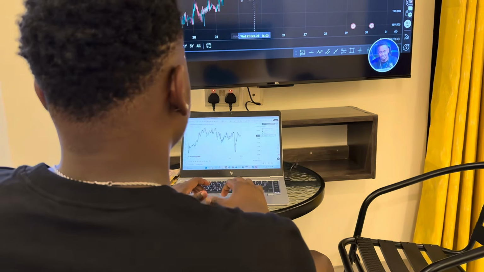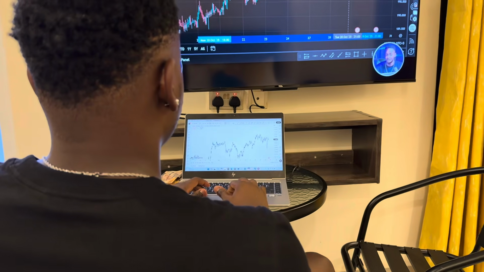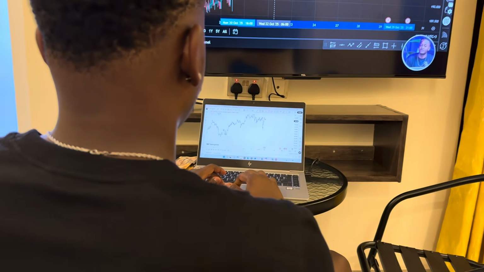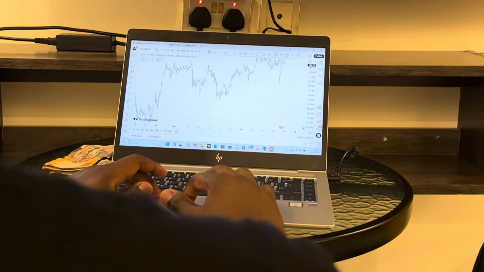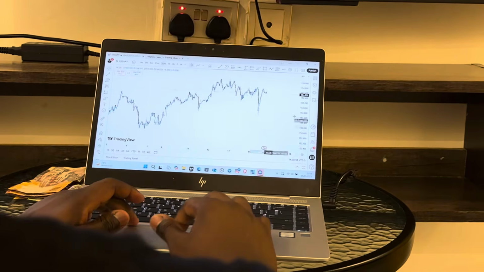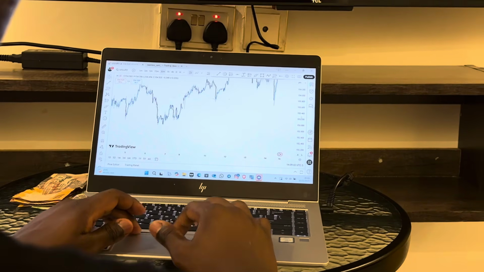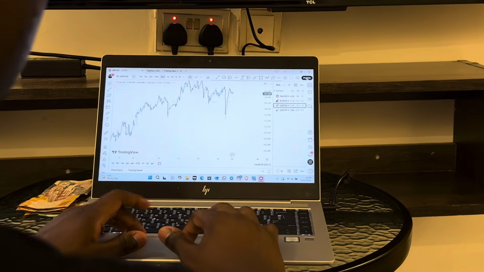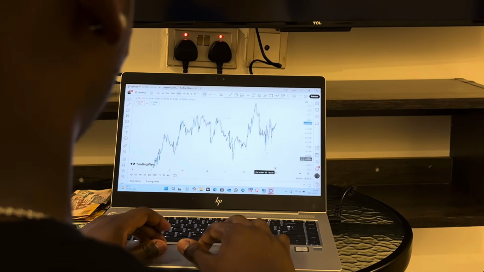For example, this market here. No, this is not a perfect one. I'm just looking for a market that can favor. So I can go back to GBP USD, for example. Okay.